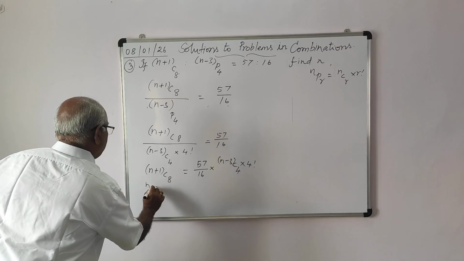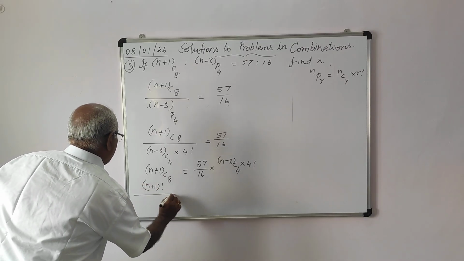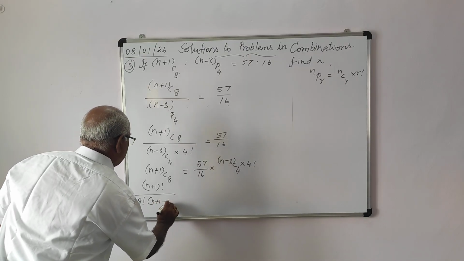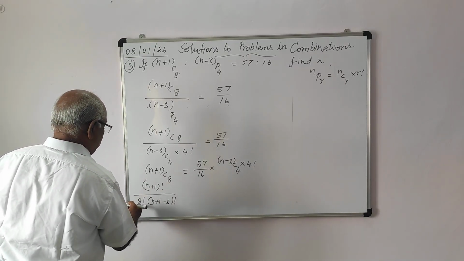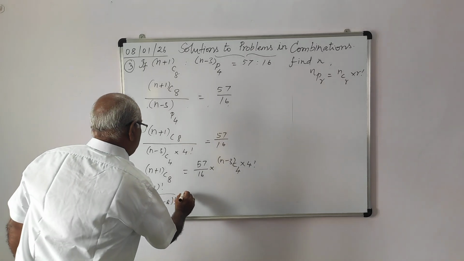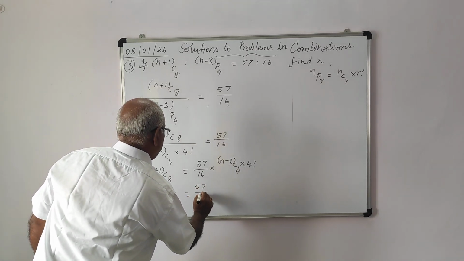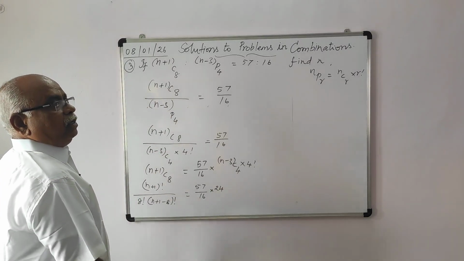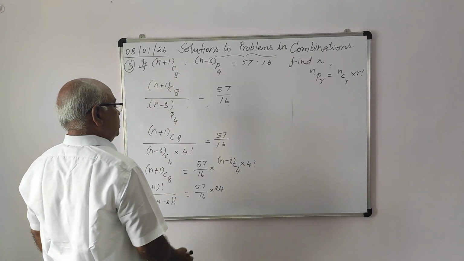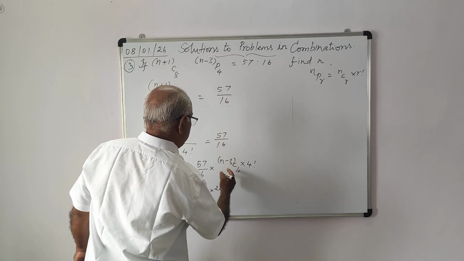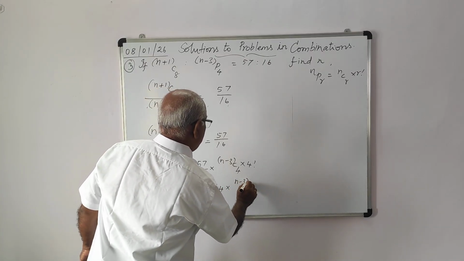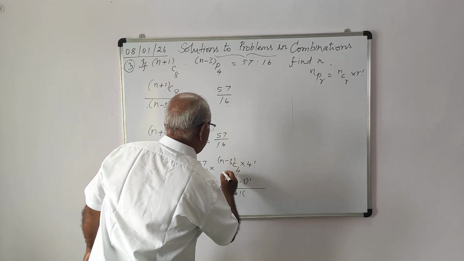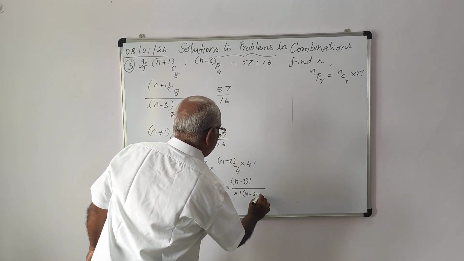That is (n+1) factorial by 8 factorial into (n+1-8) factorial, by the rule nCr is n factorial by r factorial into (n-r) factorial, equal to 57 by 16 into 4 factorial, which is 24. 4 factorial is 1 into 2 into 3 into 4. (n-3)C4 is (n-3) factorial divided by 4 factorial into (n-3-4) factorial.